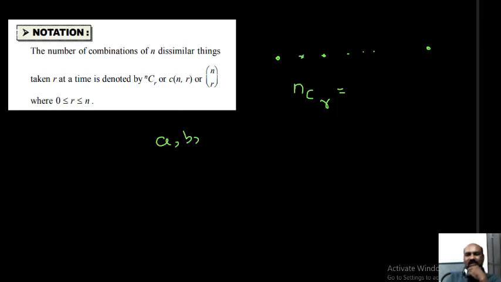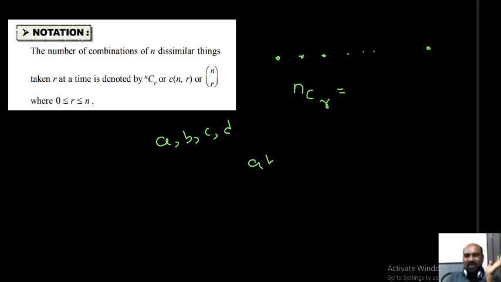A, B, C, D are 4 different elements. Students, from these 4 I want to select 3. How many different ways can I select?